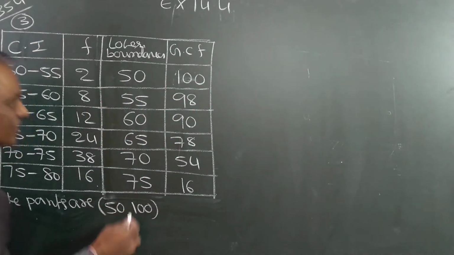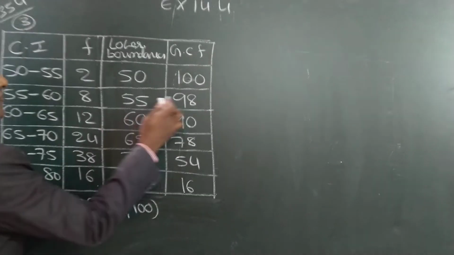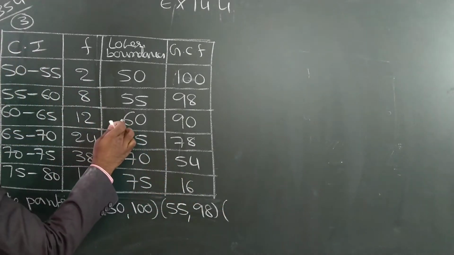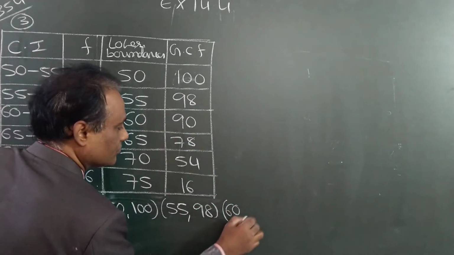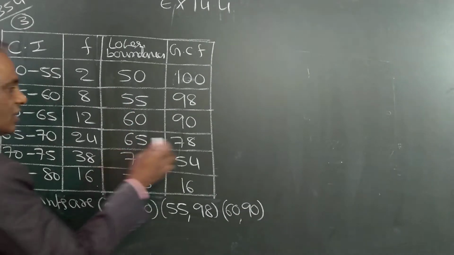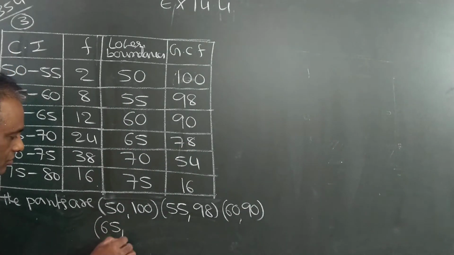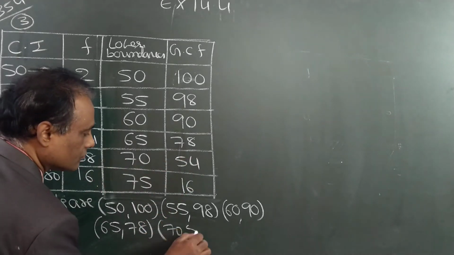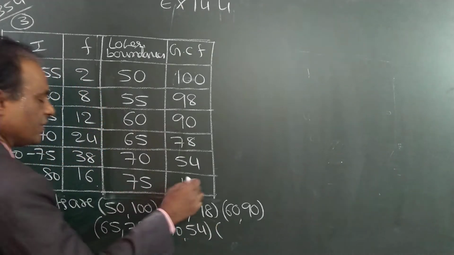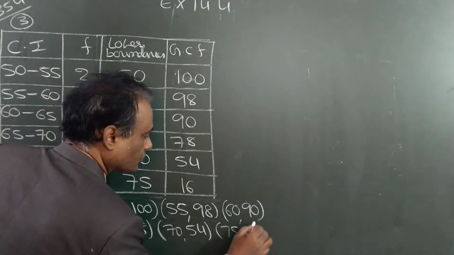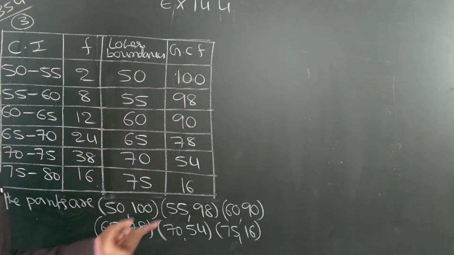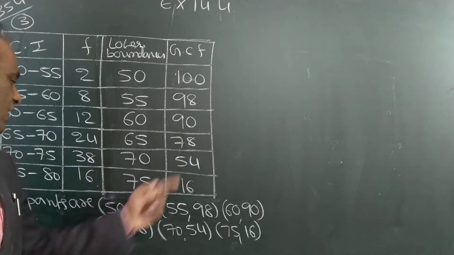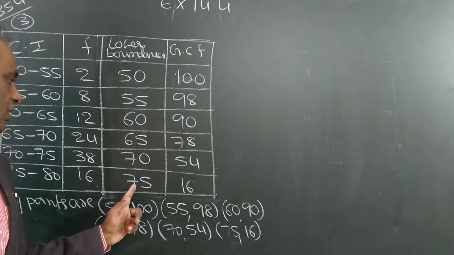This is one point. 55, 98. 60, 90. 65, 78. 70, 54. 75, 16. 50, 100. 55, 98. 60, 90. 65, 78. 70, 54. 75, 16.